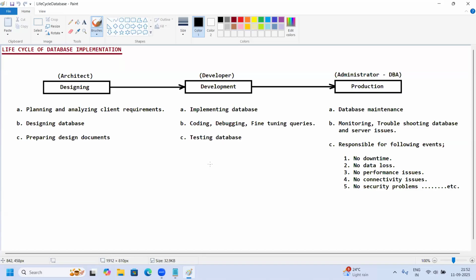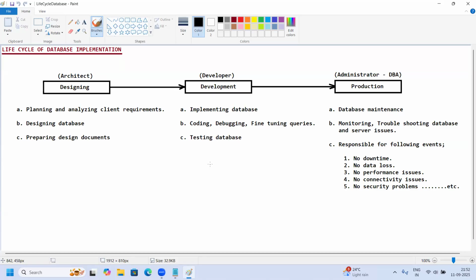Especially when it comes to architect, the one who designs a database, you can see his responsibilities. He is the one who interacts with your client. There is a reason why I said planning and analyzing what the client requires. If someone wants a database in his business, he has to approach some IT company.